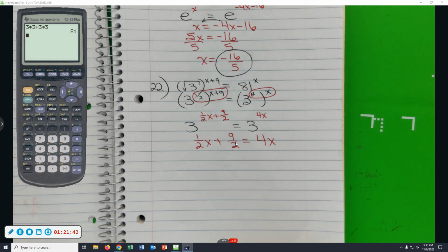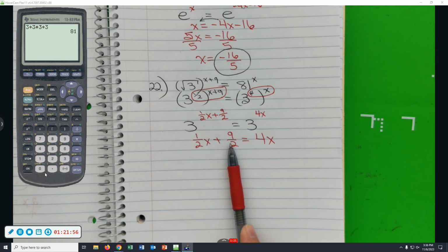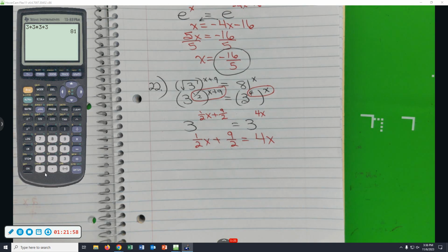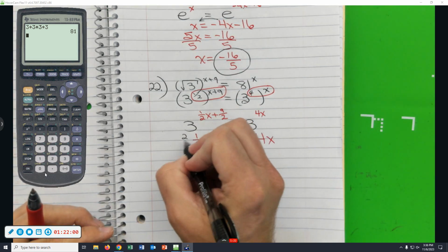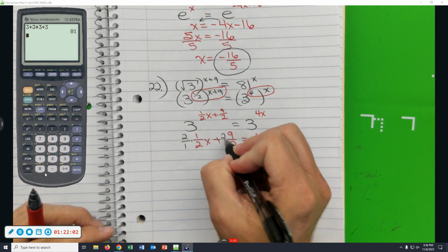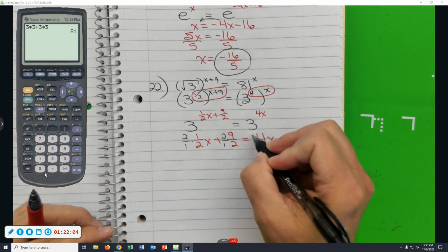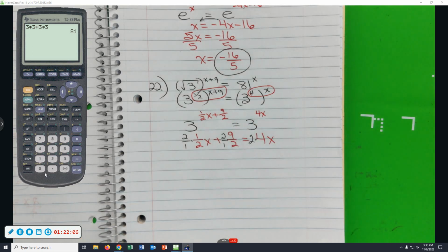The only denominator appearing is a 2, so the least common denominator has to be 2. How many terms do we have here? 3. One term, two terms, three terms. So we're multiplying through by 2, distributing a 2 across there.